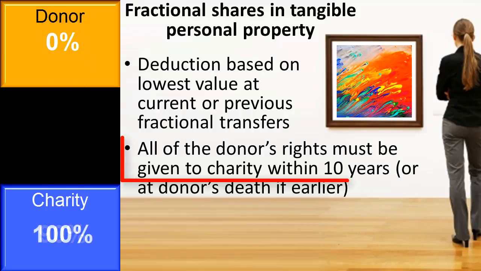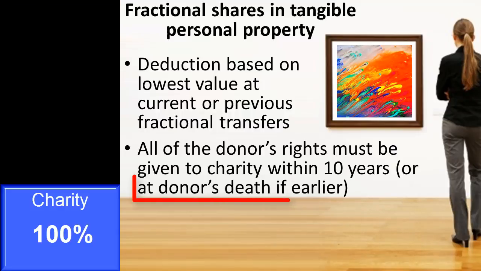Specifically, all of the donor's rights must be given to the charity within 10 years of the initial deduction for the first fractional share gift. Additionally, the donor must arrange his estate in such a way that if he dies prior to the end of the 10-year deadline, then the charity will receive all remaining rights to the tangible personal property.